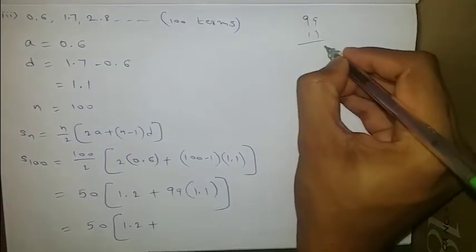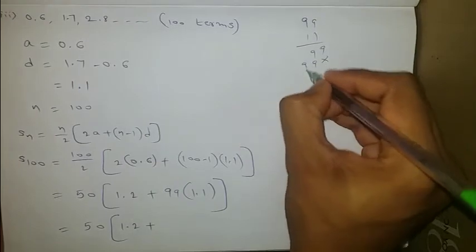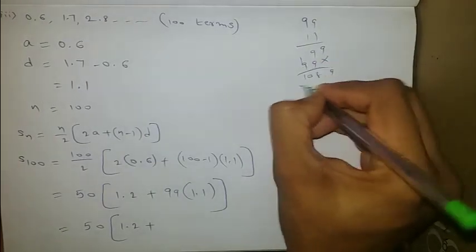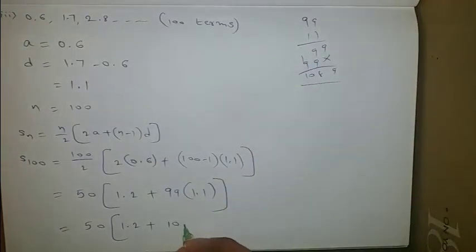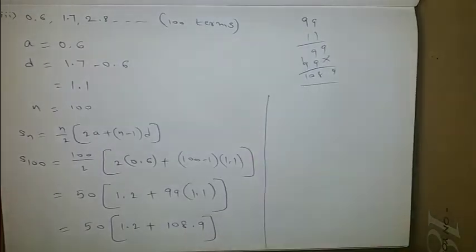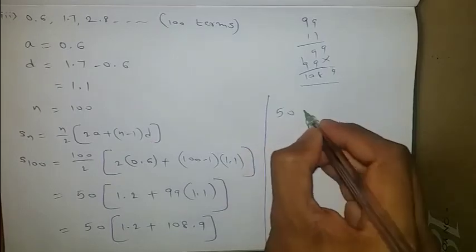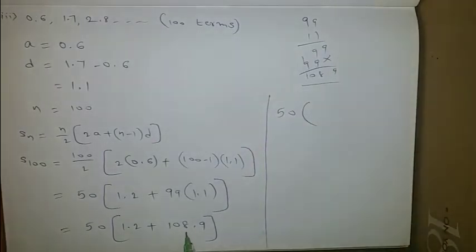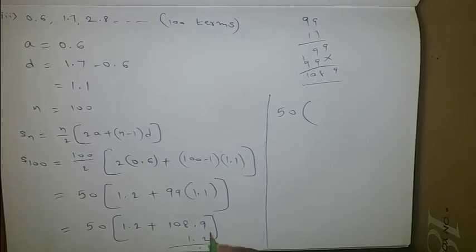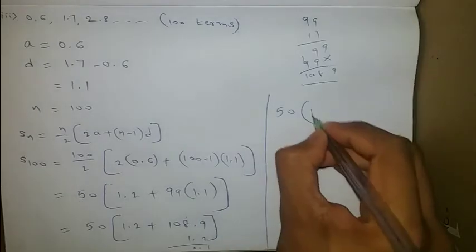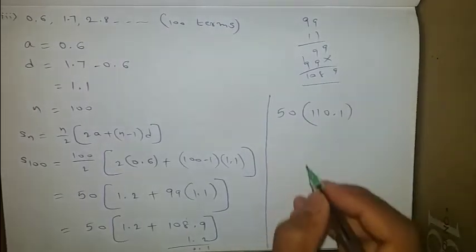99 into 11 is 1089, so 108.9. Now we need to add these two. So we get 50 into 108.9 plus 1.2, which is 110.1.